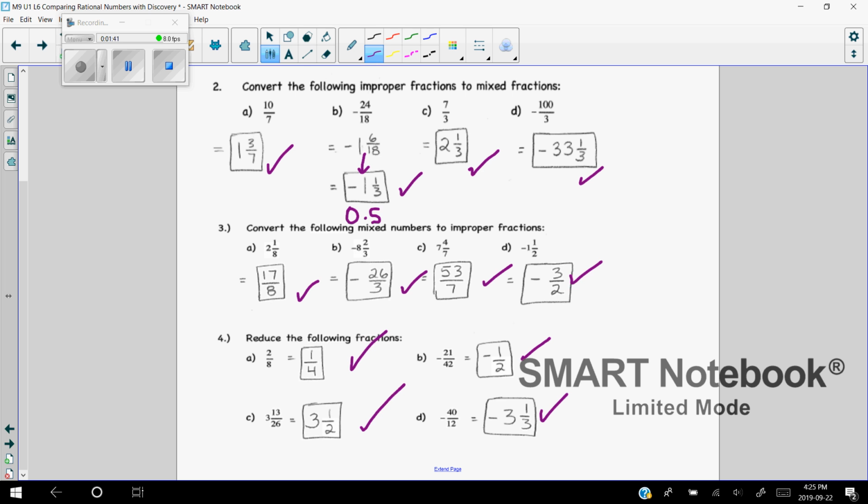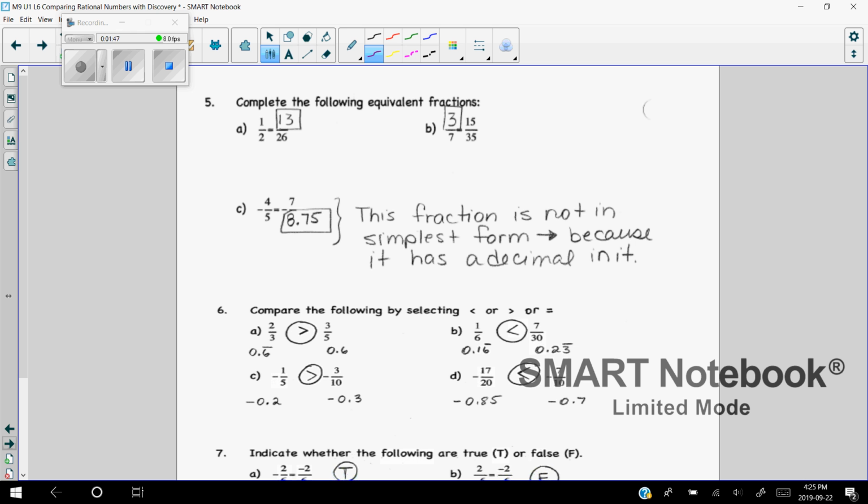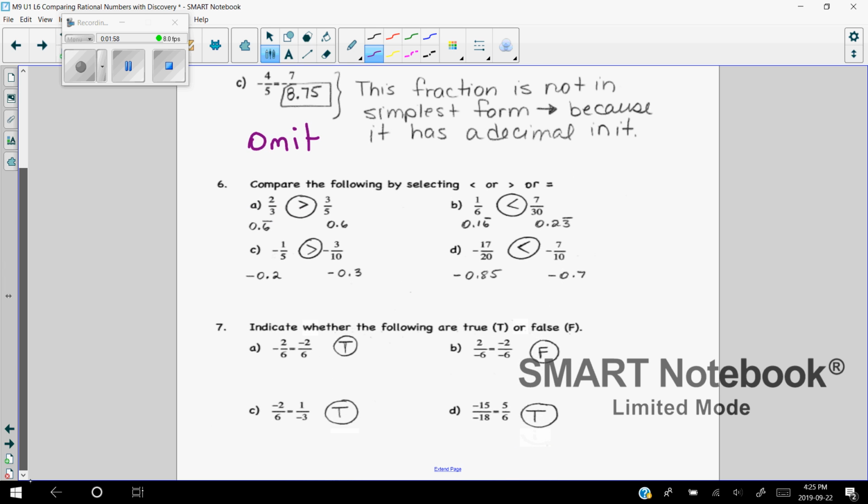So the first page is out of 16. You can go back and pause the video wherever you need to. The second page, the first question is just going to be out of 2 marks. I'm not marking C, so this one's omitted. And then 6 is worth 4 marks for each sign.